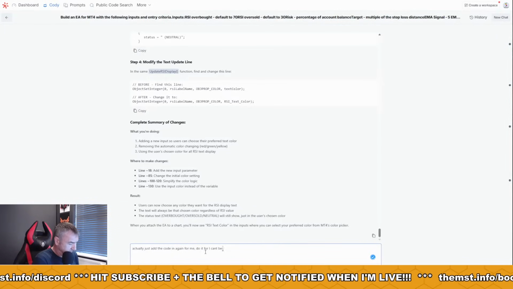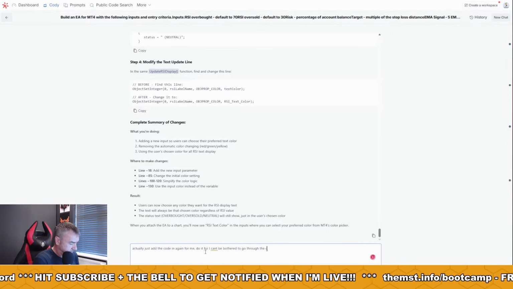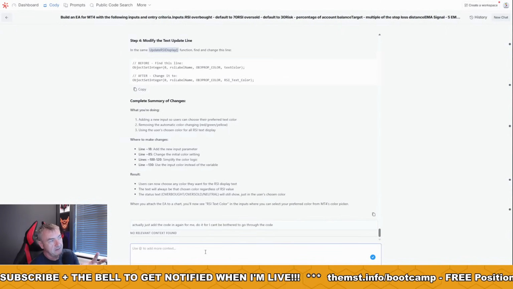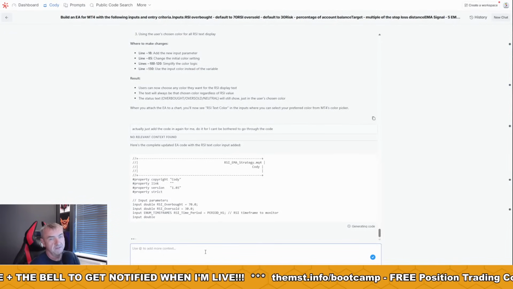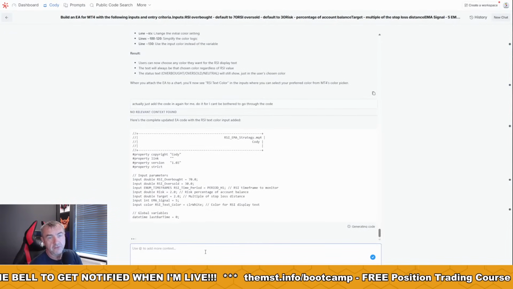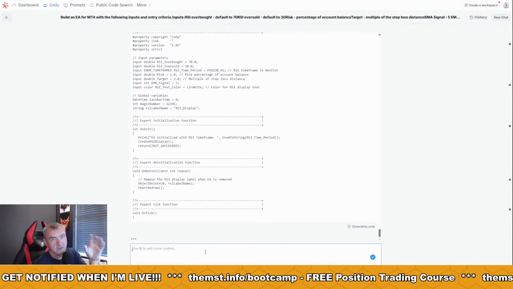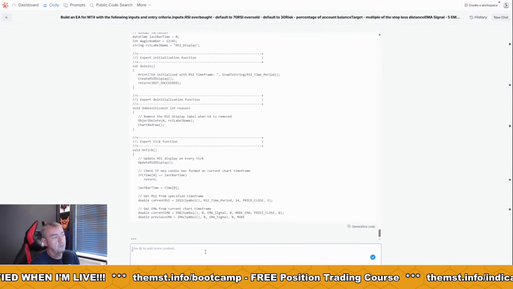I can't be bothered to go through the code. You do it. So basically, that's the way to do the small changes. So I just want an input for that. How do I do that? It's going to take you a little bit longer because you've got to find code, change code. And if you don't understand what you're doing, sometimes that can be a little bit overwhelming. This is the quick way of doing it.